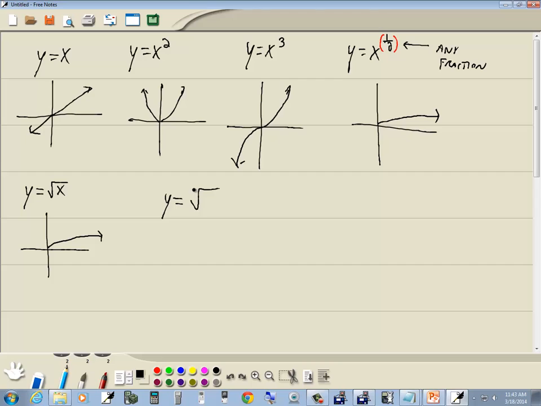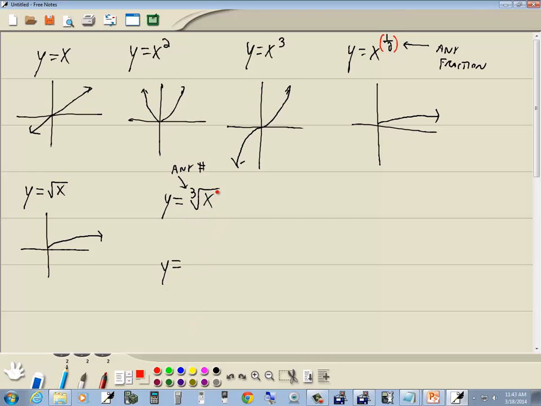Okay, let's take a look at the cube root of x. And what I'm demonstrating here is how do you handle this when you got any number in that slot right there. That's called your index. This kind of depends upon what version of the operating system you have for the TI-92, but we can rewrite this.